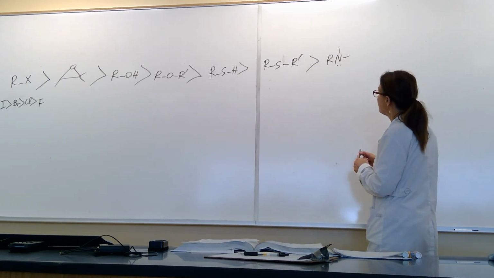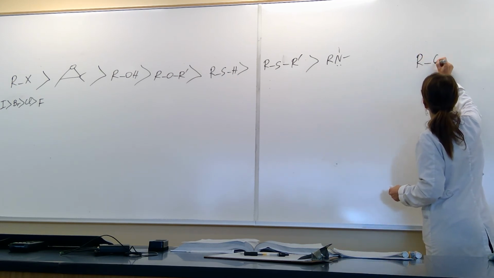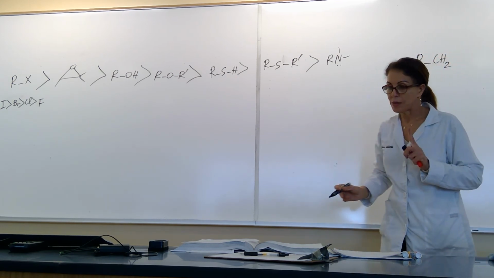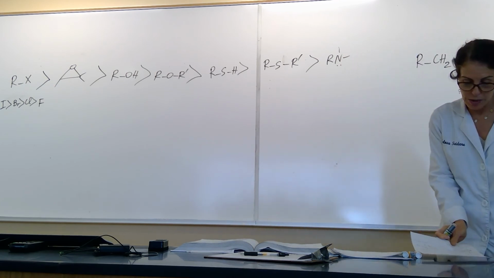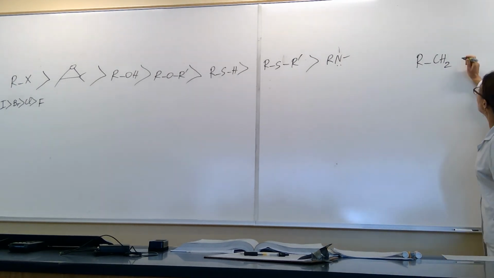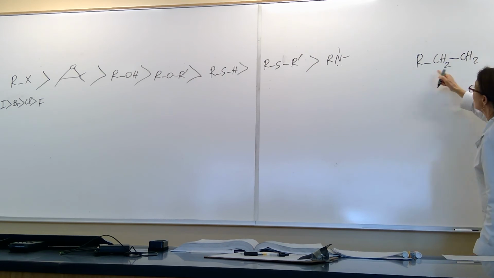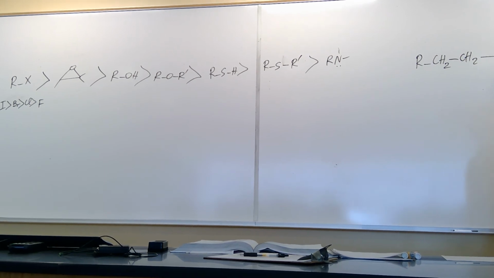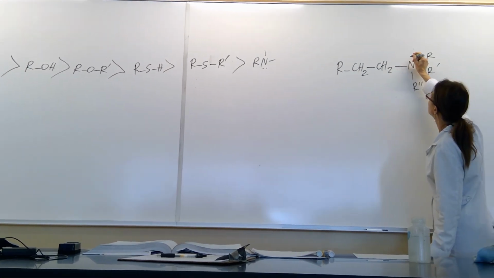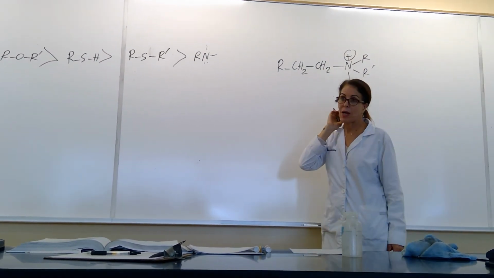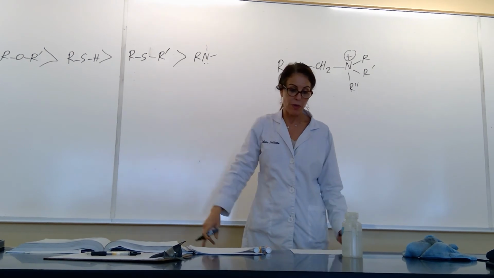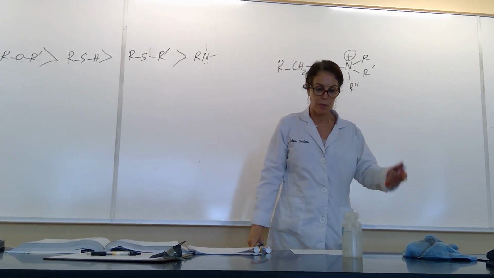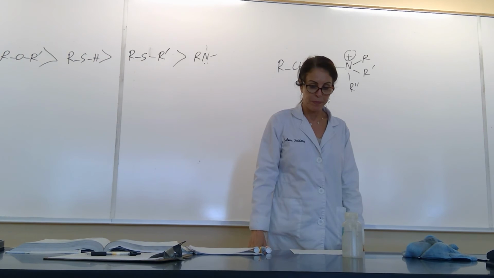So I have here, now notice, what I write is very important here, okay. You need to have 2 carbons right there, in the presence of a quaternary amine. That's a quaternary amine. Just like I showed you earlier, you add 1 alkyl group, 2nd alkyl group, 3rd alkyl group.